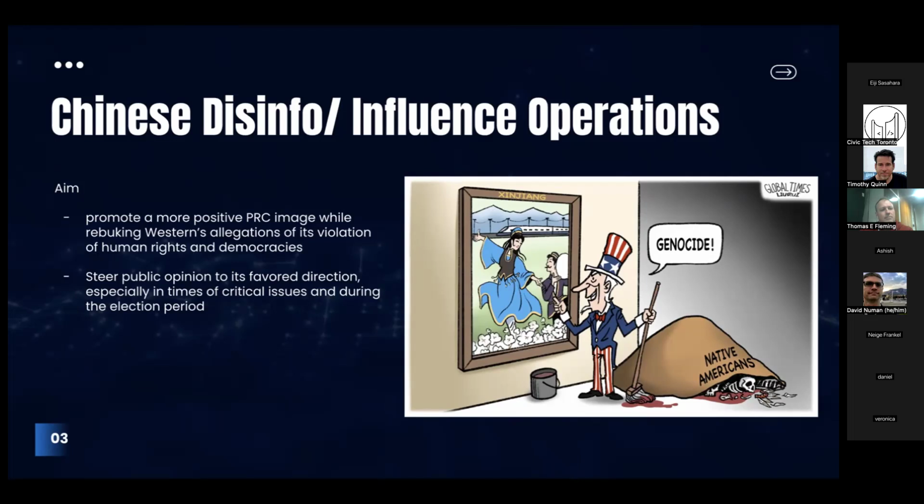They're portraying the Uyghurs as living happy lives while they're actually facing genocide. This is the kind of narrative they often push forward to rebuke so-called Western allegations of their human rights abuse. From time to time, they try to steer public opinion in their favored direction, especially in times of critical political issues or during election periods.